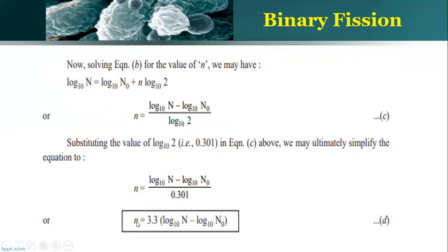So the number of generations n is equal to 3.3 into log of total population minus log of initial population. Using this formula, we can calculate the number of generations, and based on the number of generations, we can calculate how many cells have been produced.